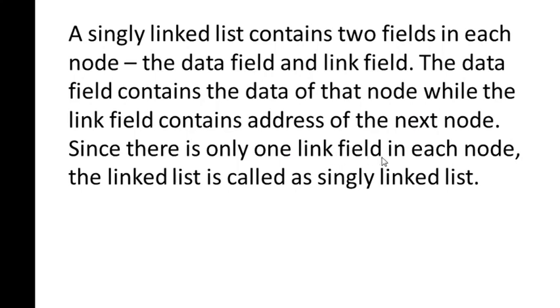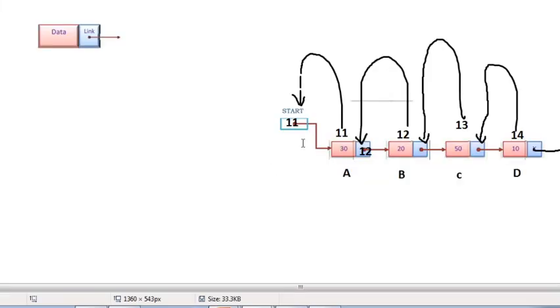Since there is only one link field in each node, the linked list is called a single linked list. You can observe here that only one link is available.